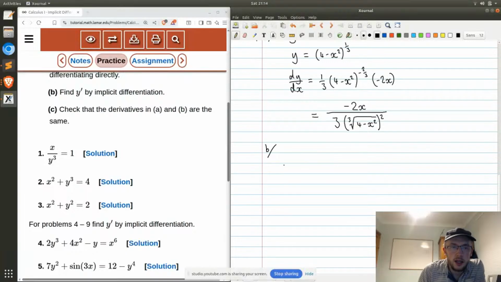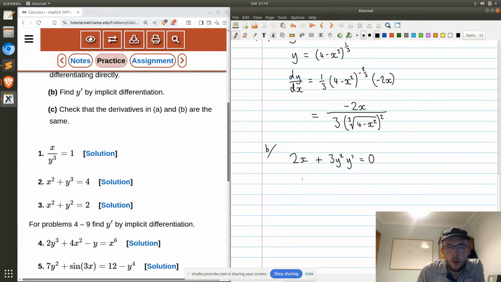Now for implicit differentiation, as in differentiating with respect to x over each term throughout. So we get 2x from the first one plus 3y squared y prime equals 0.